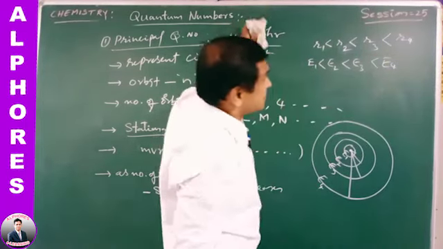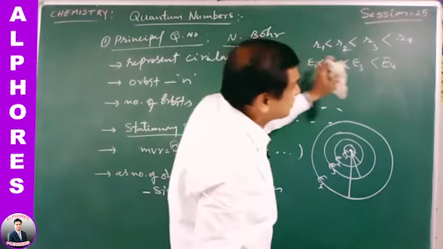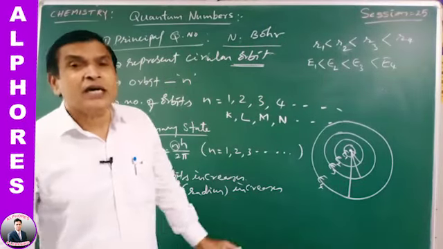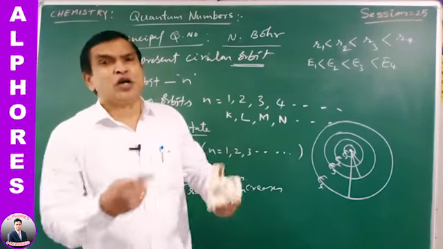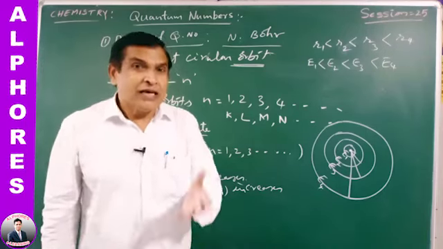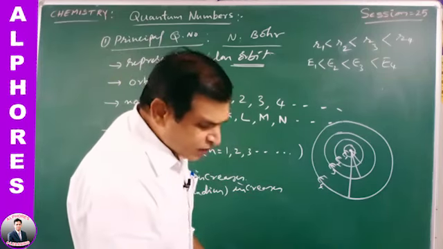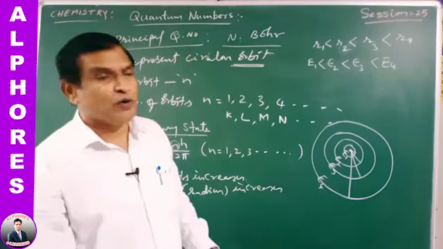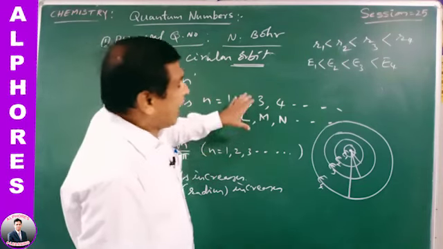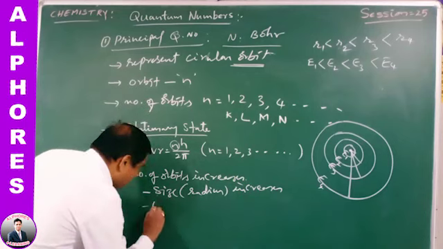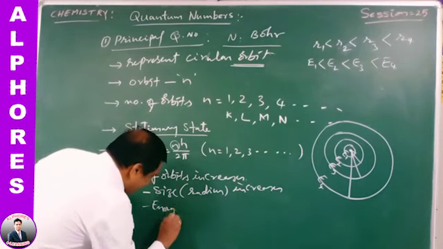So size and radius increase, and the energy of the orbit also increases. Energy of the electron is nothing but energy of the orbit, because the energy of the electron in the orbit remains constant. So as the number of orbits increases, size increases and energy also increases.